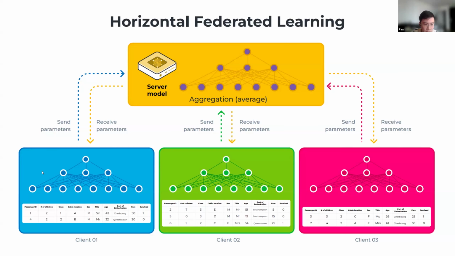For example, here, it's not very clear, but I can read it out: passenger ID, number of children, class, cabin location, sex, title, age, and so on. All these clients hold exactly the same features. So they are identical in the feature space. That's why we can directly send the model parameters from the server to the client and let them train.